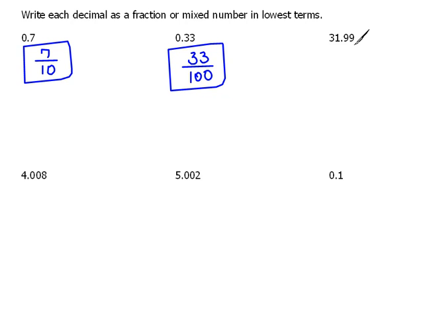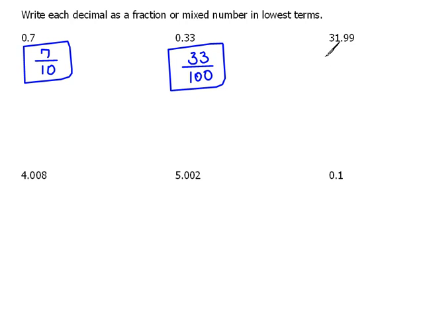Now, here we have one that's going to be a little bit different. Not really, but it may seem a little different. Here's our decimal point. So we have a whole number portion and we have a decimal portion. So this reads as 31 and, our decimal is "and", 99. This is the hundredths position. So 31 and 99 hundredths.